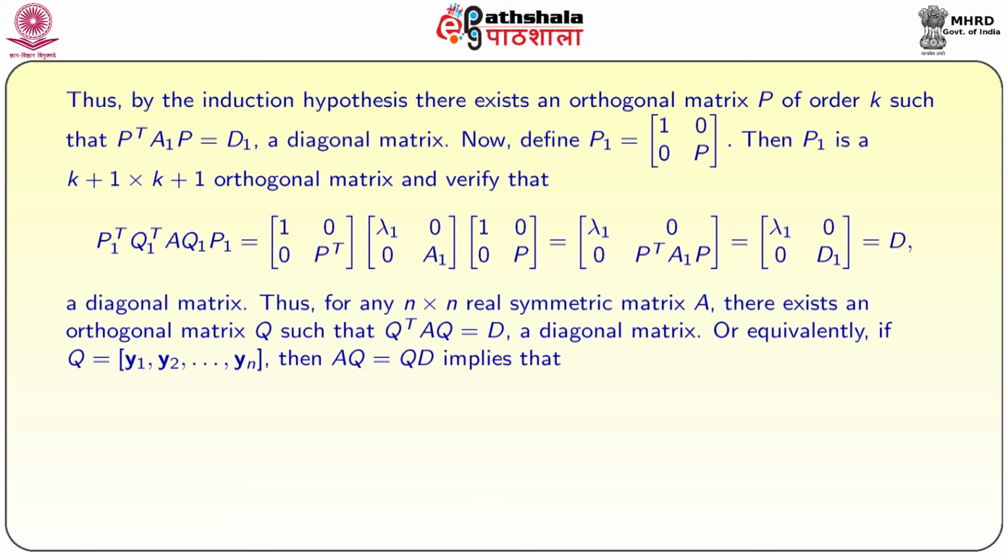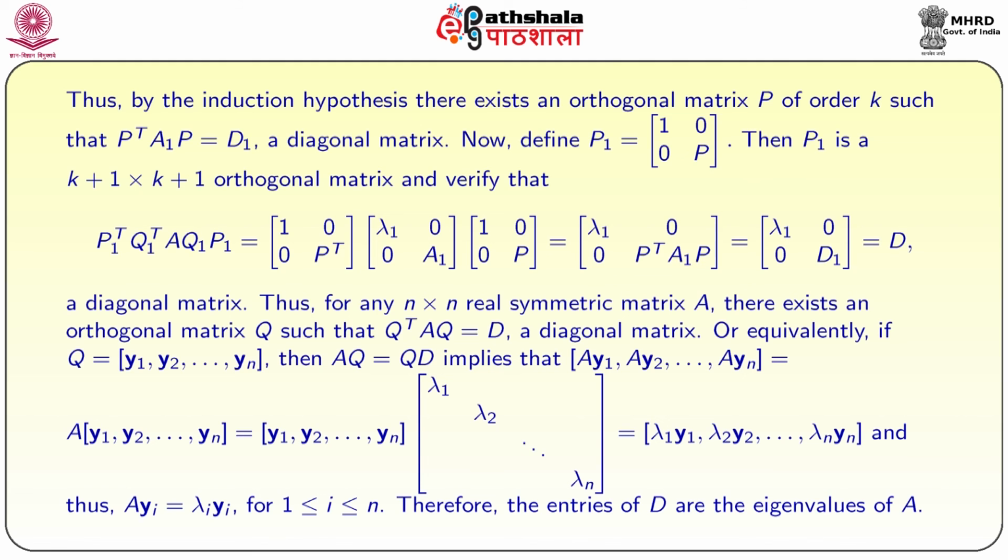Thus, for any n by n real symmetric matrix A, there exists an orthogonal matrix Q such that Q transpose A Q equals D, a diagonal matrix. Equivalently, if Q equals [y1 y2 ... yn], then AQ equals QD, which implies [A y1, A y2, ..., A yn] equals [lambda 1 y1, lambda 2 y2, ..., lambda n yn].